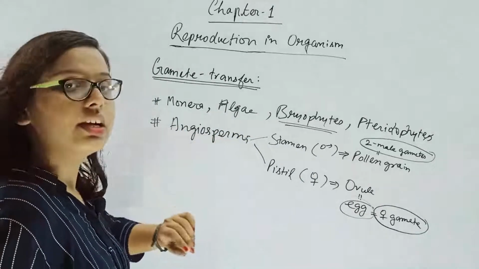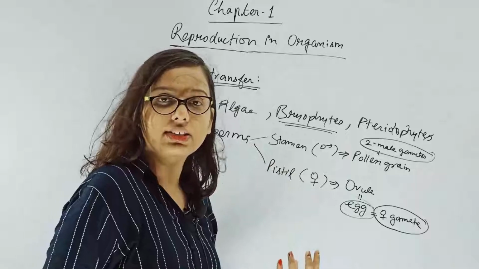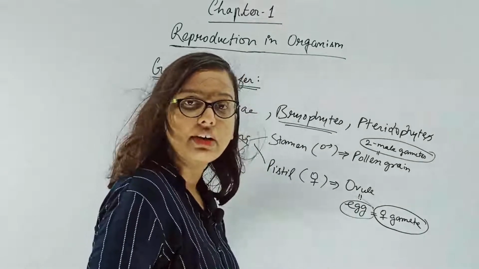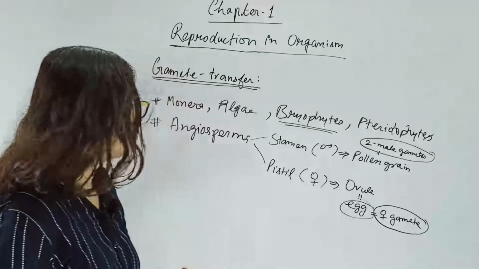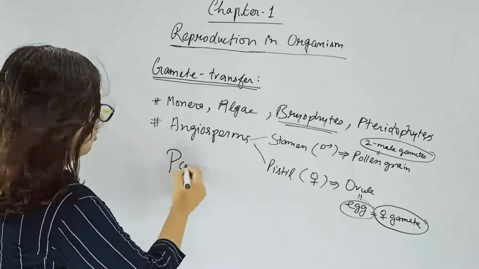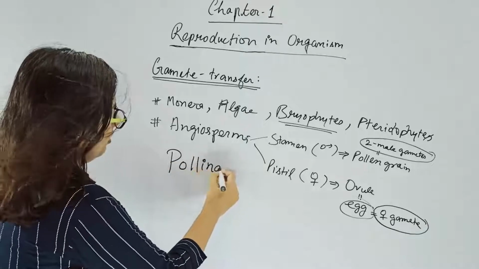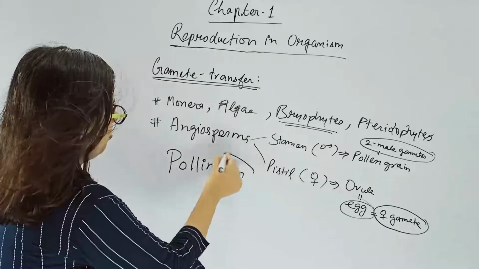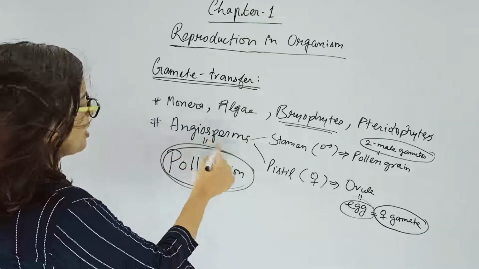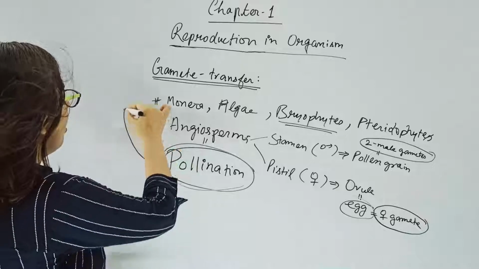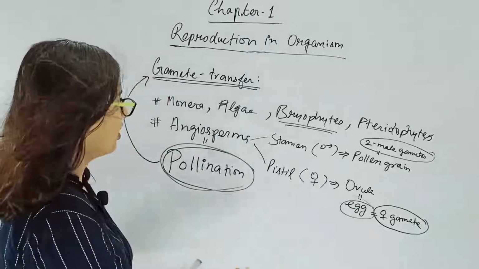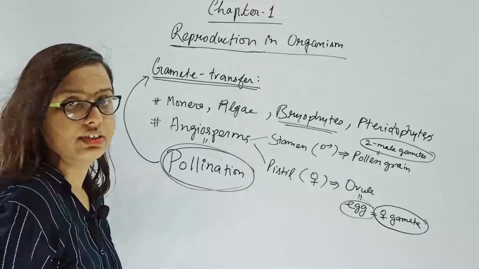But angiosperms are terrestrial plants. They are not in the water. There is no common medium there. So what will happen? There is a process termed pollination. Pollination will happen in case of angiosperms, and this pollination is one of the mechanisms for gamete transfer.